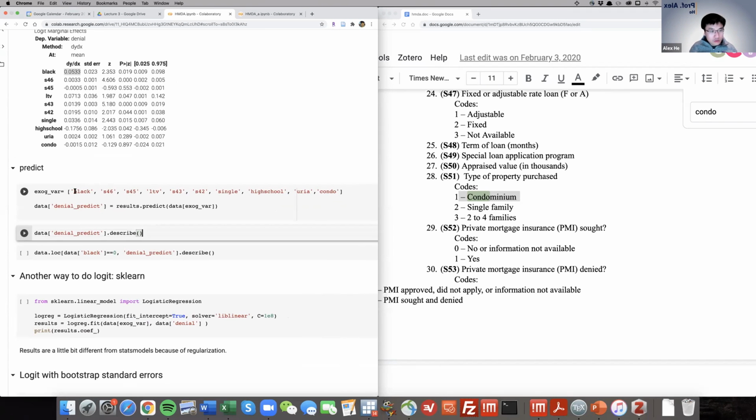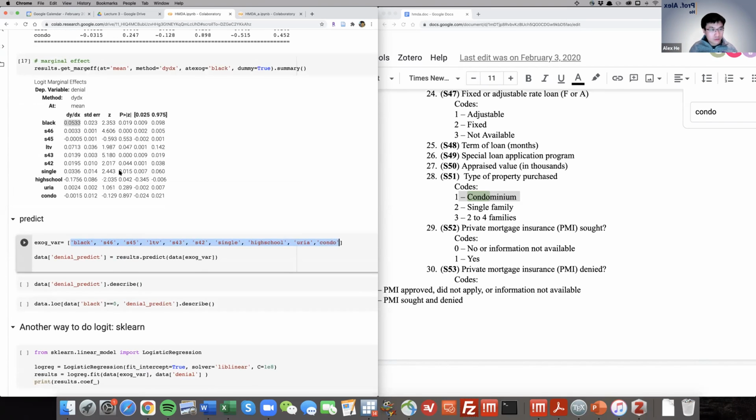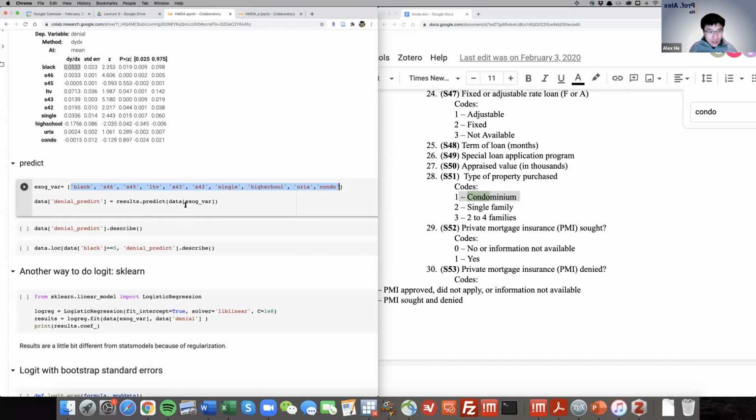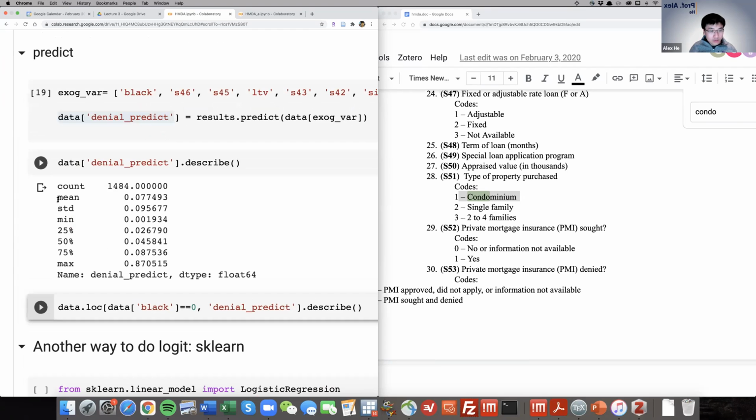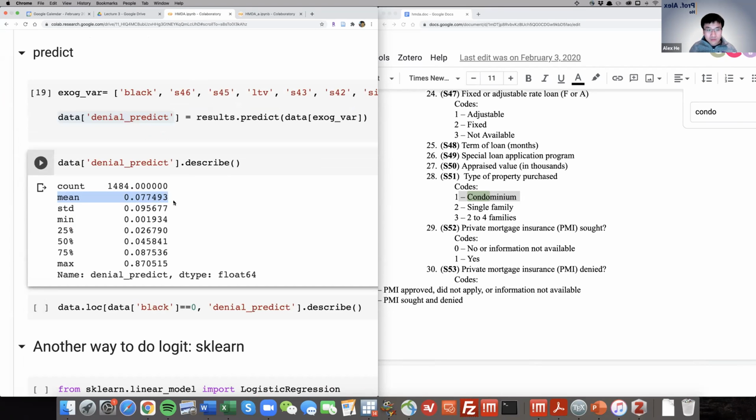Basically the way you do that is to just specify the variables that you have to predict, and then results is the results that we just estimated, and then use that model to predict. This creates a new variable, which is the predicted probability of denial. You can summarize that variable, and you can see that the mean is 7%, which is exactly the same as the mean of the actual denial.